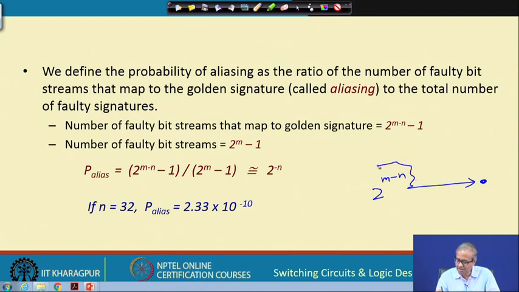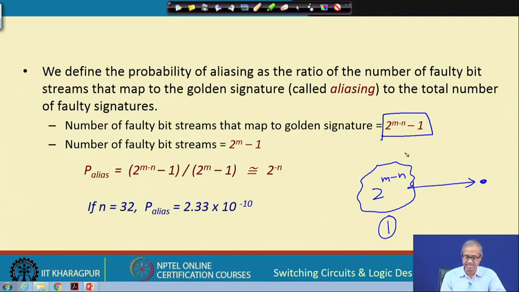So, 2 to the power m minus n input patterns will map to the golden signature, and out of these, one of them will be the good one. So, 2 to the power m minus n minus 1 will be faulty bit streams that map to the golden signature, and these will lead to aliasing.